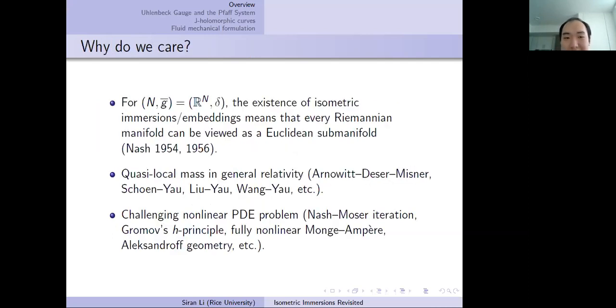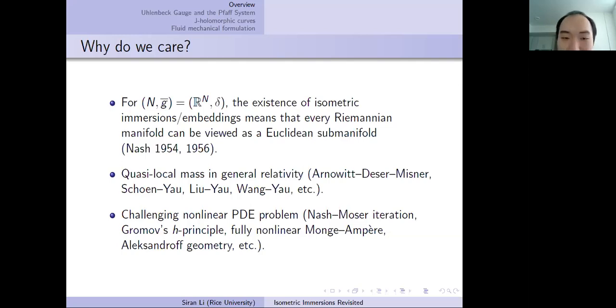So why do we care? Why do you want to study the existence of isometric immersions? There are different aspects of motivations towards this problem, and I'll mention three.